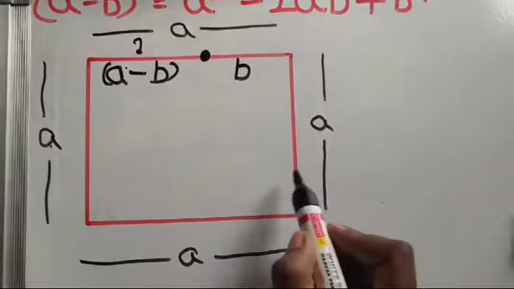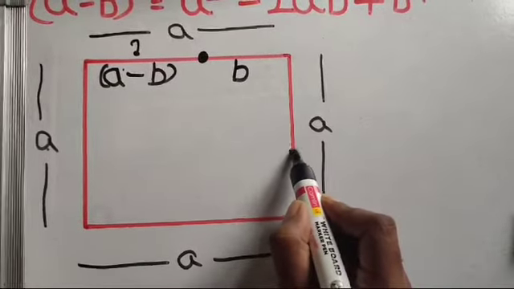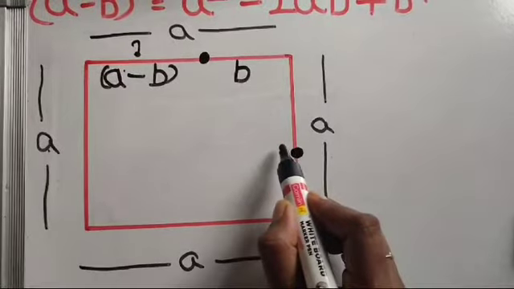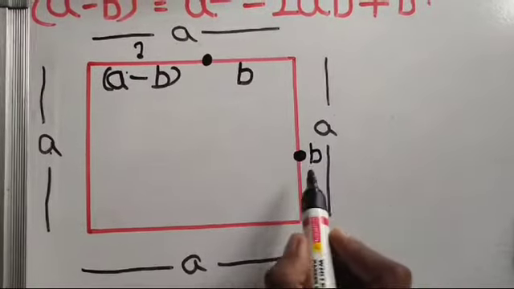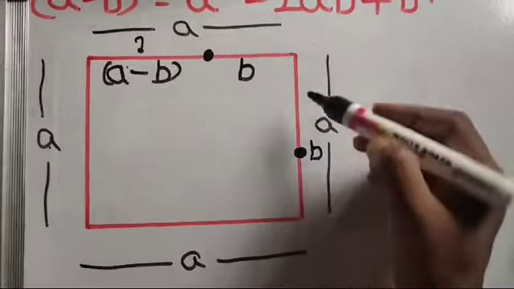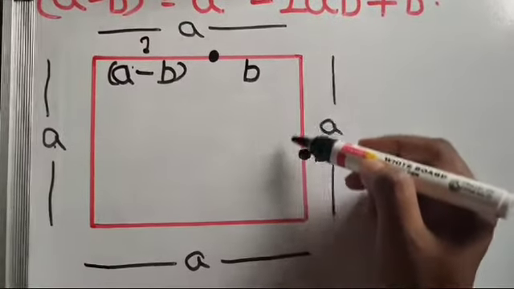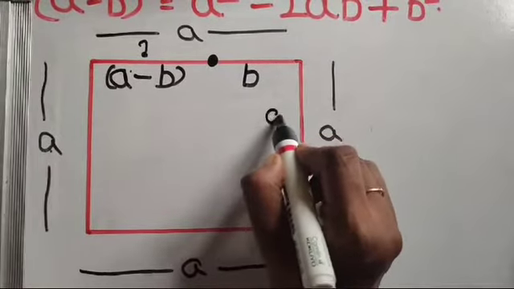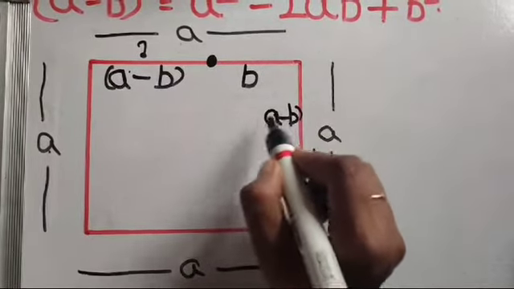The total length will be A, and take a small part, that is B, and the length of the remaining part will be A minus B.